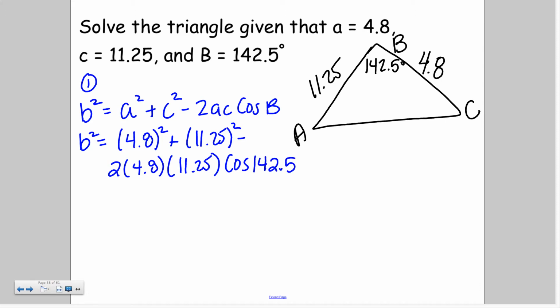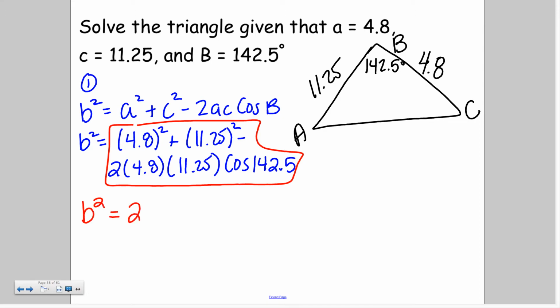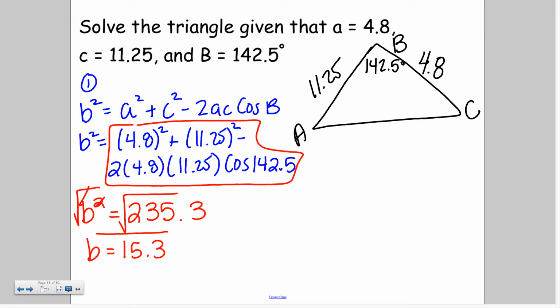Now that whole side, all that, gets put in my calculator. When I put that in my calculator, I get b squared is 235.3 rounded. So remember, I don't want b squared, so I'm going to take the square root of both sides, and I get side B is 15.3. So we found that out.